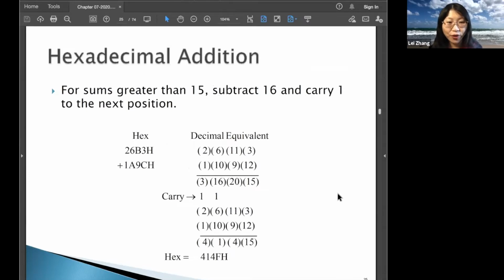We have 4-digit hexadecimal values, two of them added together. The H here indicates it's a hexadecimal value.